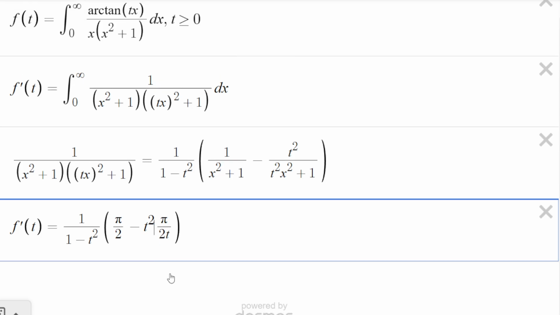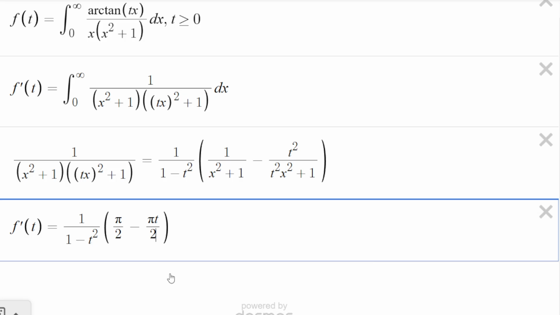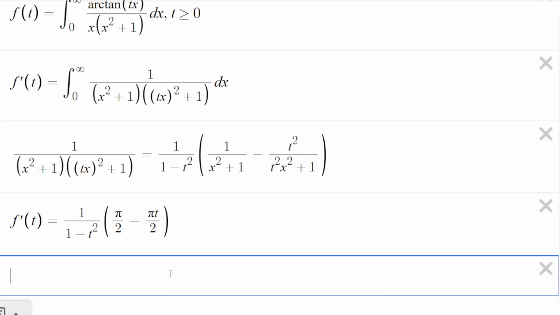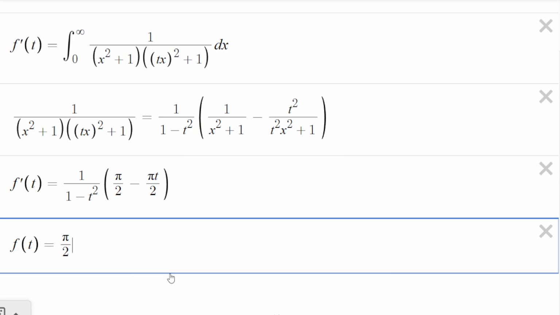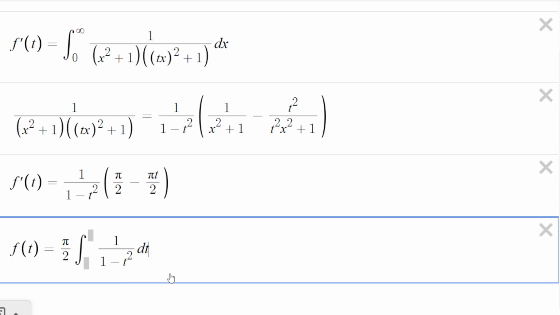So this is going to give us, let's see, t squared up here. One factor cancels, and now we're just left with this. All right, well, what's that? F prime of t is equal to that. Okay, well, we want f of t, though, don't we? That's what we're trying to do.